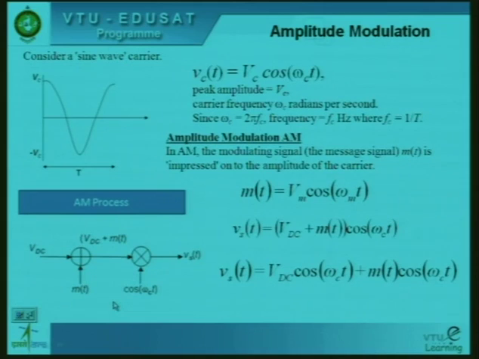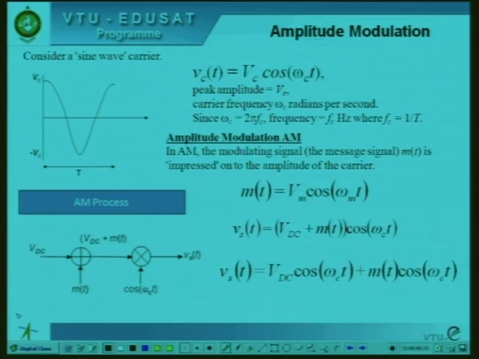People have come out with a very interesting equation called the modulating equation. This is a very interesting factor. So, let us take the carrier signal once again. It is given by Vc of t is equal to Vc into cos of omega ct. We are all aware of it.